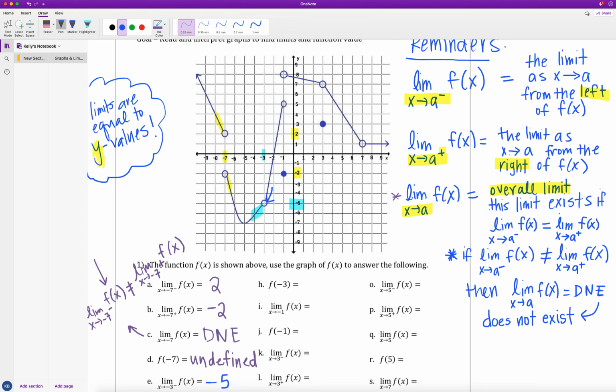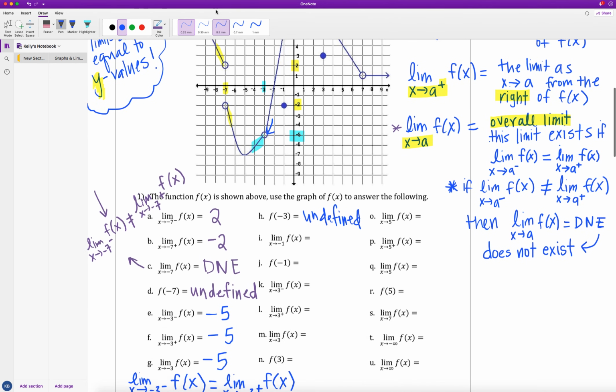So just like in part D, f of -3 is going to be undefined, since there is no filled in circle at all when x equals -3. Now let's say there was a filled in circle somewhere else, then I would take that y value to match with it. And we'll see examples of that as we keep going.